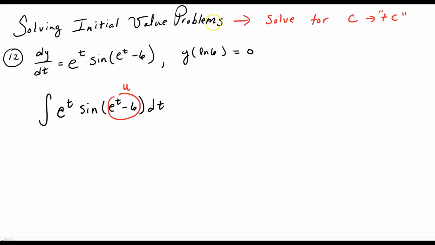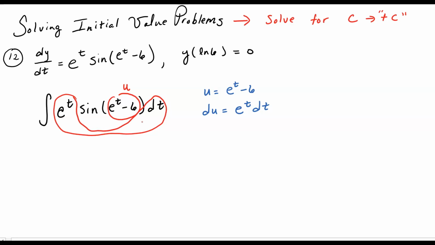The reason why this one is really nice is because the du is already there, and you should probably see it already. If I take the derivative of u, I'm just going to get e to the t dt. And so I can put my ring around that. That right there represents my du, and I'm ready to integrate.